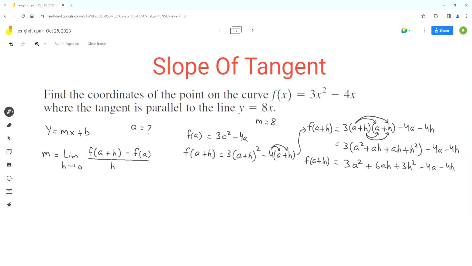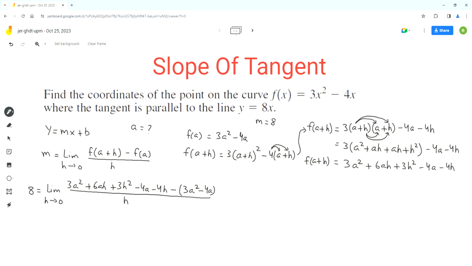So on the left side we input 8 equals limit h approaches 0 of f of a plus h, which is 3a squared plus 6ah plus 3h squared minus 4a minus 4h, and then minus f of a, which we put in parentheses, 3a squared minus 4a, all over h.